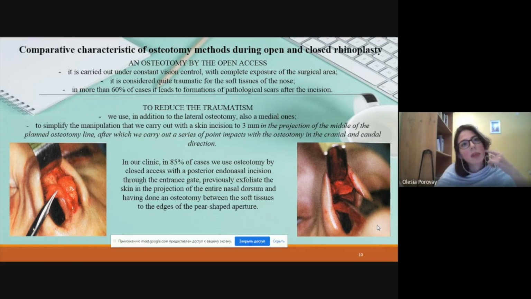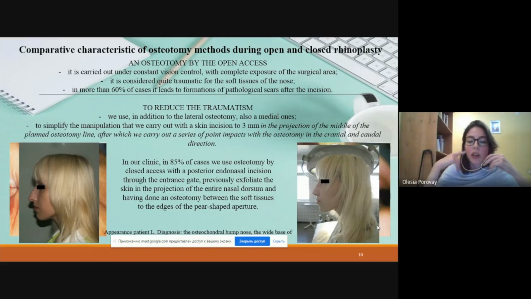On the other hand, this method is very dangerous because the surgeon has only tactile sensation during closed access, but it's the most cosmetic and invisible method, and we consider that these methods can be one of the most popular in most cases, because the main criterion of every aesthetic plastic surgery is the most aesthetic result. Now you can see our patient before and after osteotomy.